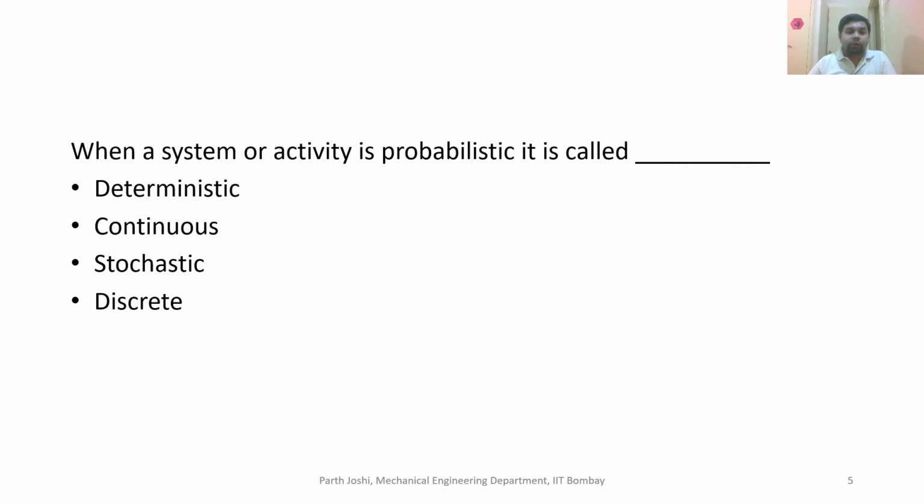So we'll start with some sample problems. The first problem is: when a system or activity is probabilistic, what is it called? If you know the answer, just tell me what you think would be the answer.